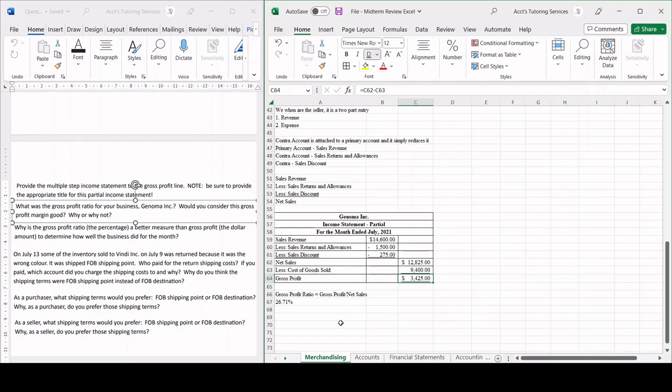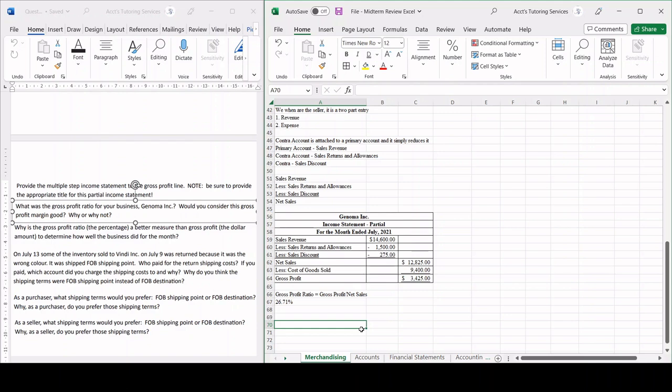Obviously, this given year is way better because gross profit is 3,425 as opposed to $1,000. However, if in that year the gross profit ratio is 50%, then that's a much better representation, because gross profit tells us how much profit after cost of goods sold we retain to help us pay off our operating expenses. So the higher the number, the better.